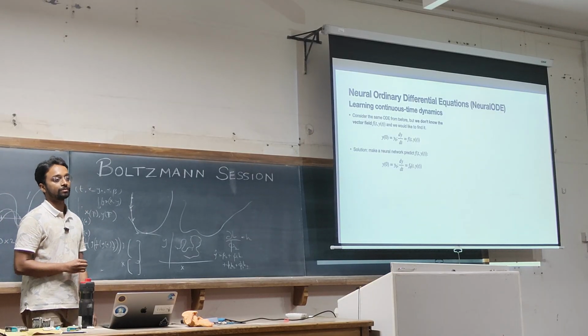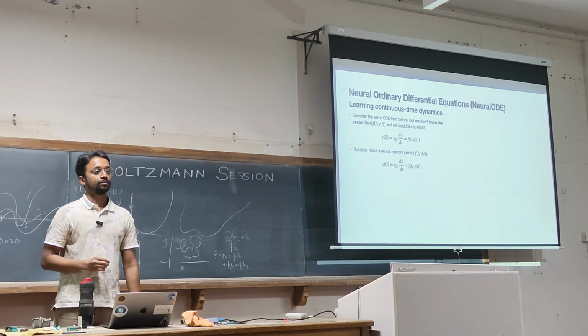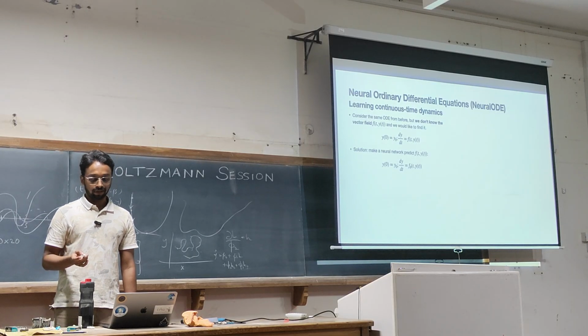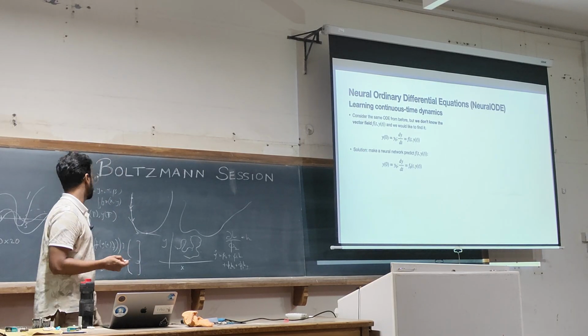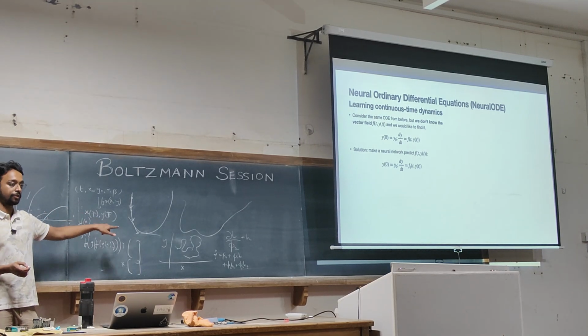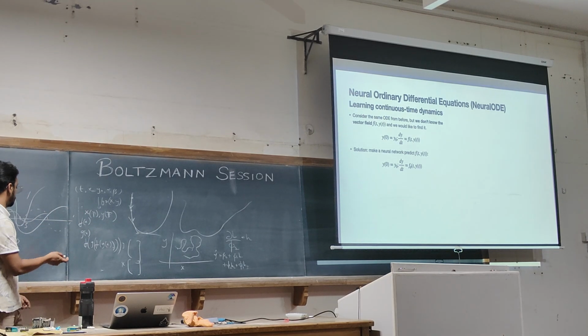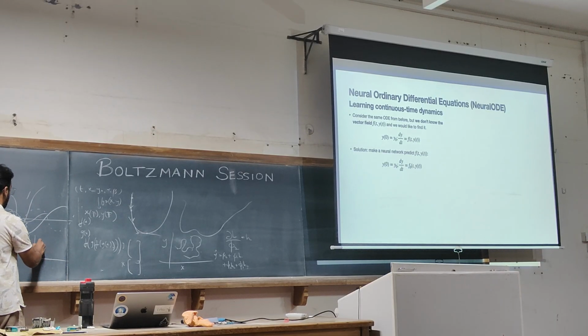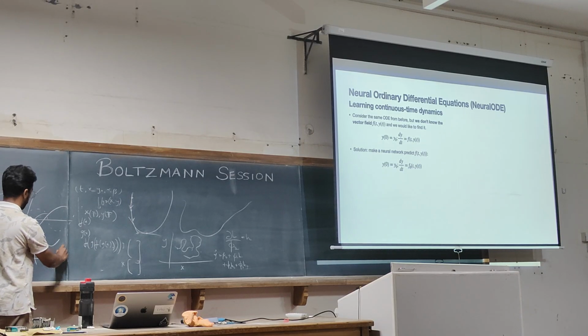What data do you need? It depends. If you are trying to predict x and y as a function of t, you need data of x and y: you start at different initial conditions and record x and y.